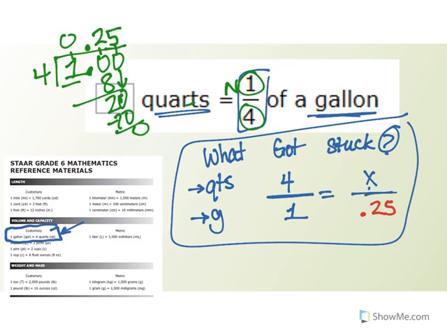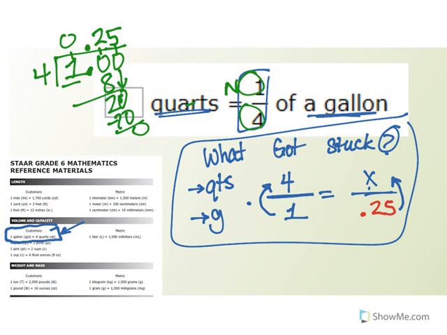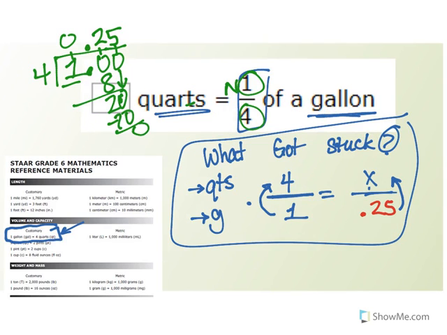Let's look back at our proportion. We can go side to side or up and down, but in this case, up and down is better. It's just easier. Always point to your variable. It tells you what direction to move in. All right, how do I get from 1 to 4? From a small number to a big number? This time, I'm going to multiply. 1 times 4 is 4.